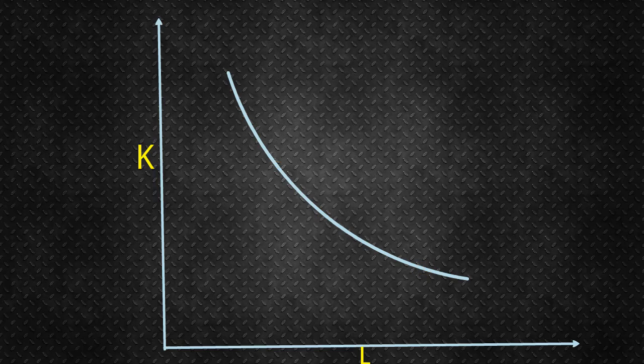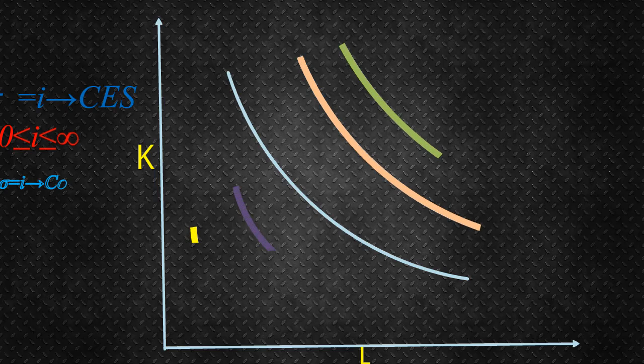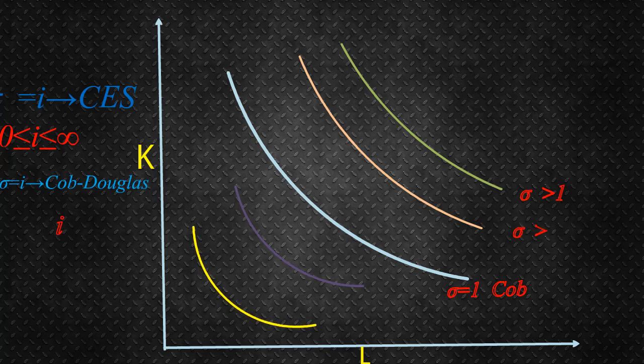But what will be the value of that fixed elasticity of substitution? In the case of the CES production function, it may take any value, but if it is 1, then its associated production function will be the Cobb-Douglas production function. In other words, the Cobb-Douglas production function is a special case of the CES production function.